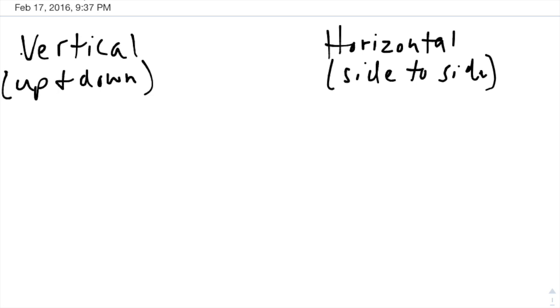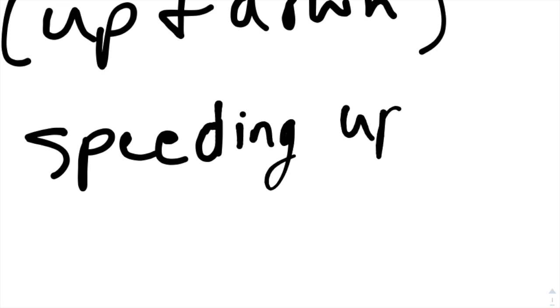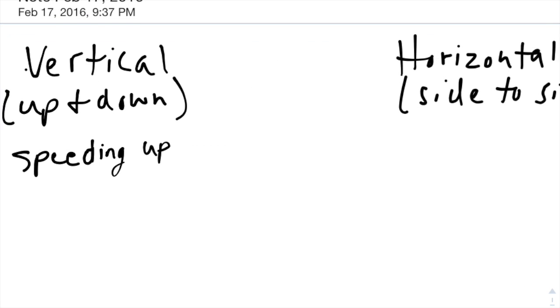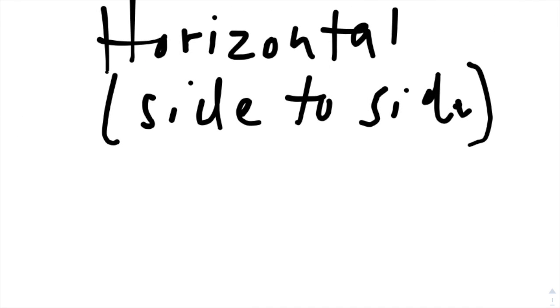Okay, let's also remember this about the motion, that the vertical was speeding up. I'm just going to zoom in. Vertical was speeding up, while horizontal was slowing down.